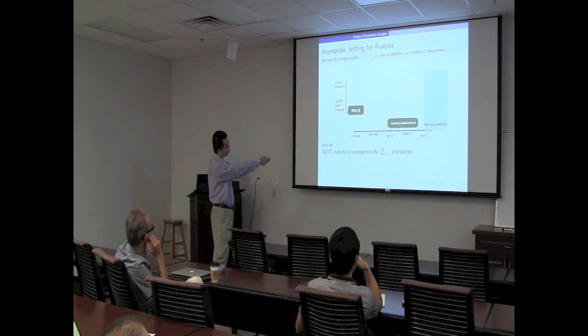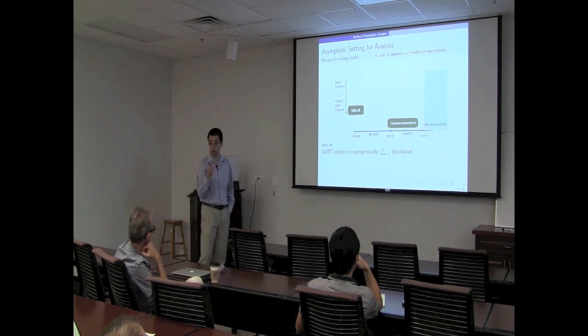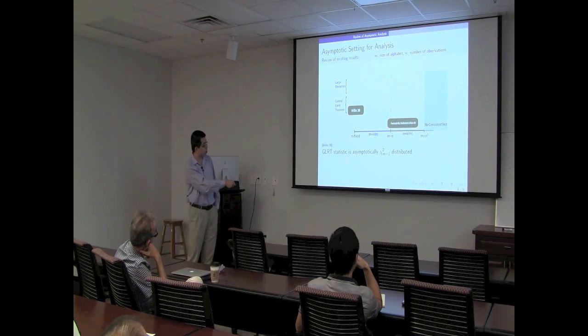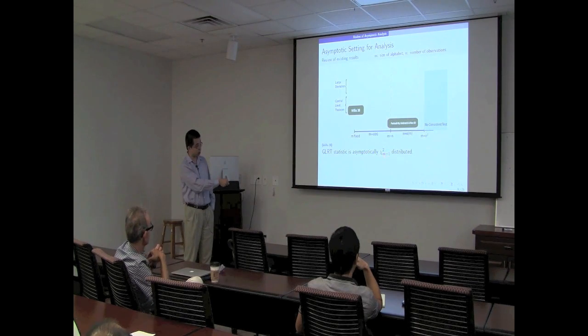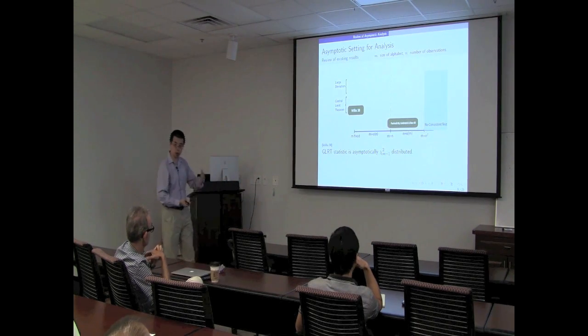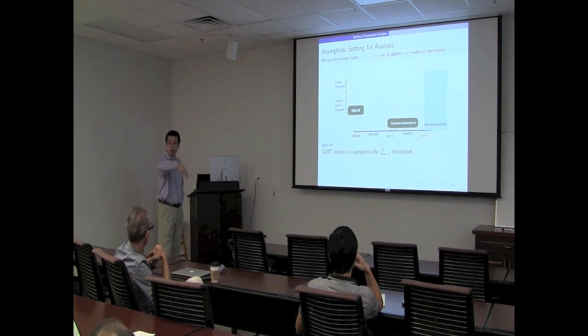The first result by Wilks shows that the test statistic will be asymptotically chi-square distributed with the degrees of freedom linear in the size of the alphabet. Therefore, with a larger alphabet, you have a larger degree of freedom, this distribution will become more flat, and then you have a larger probability of error.